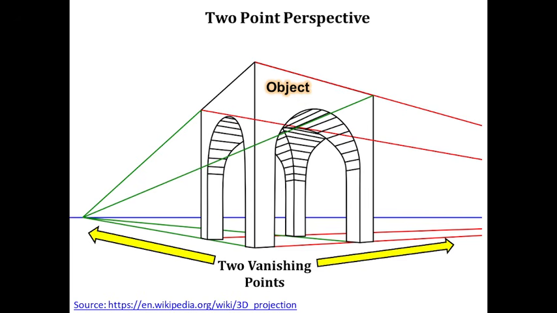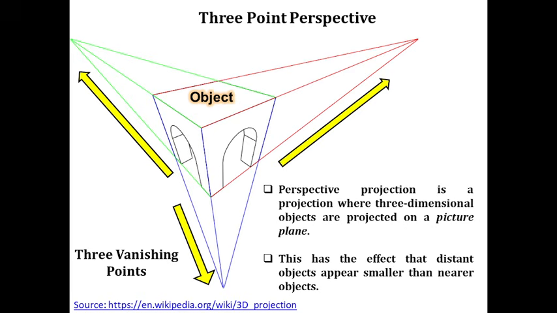Two-point perspective is widely used for drawing buildings, furniture, and engineering components when the corner of the object faces the observer. Compared to one-point perspective, this method provides a better sense of depth and allows us to visualize the object more naturally. Next slide, three-point perspective projection.